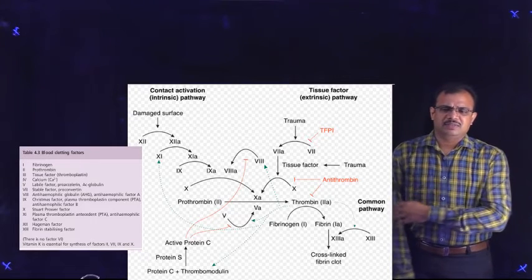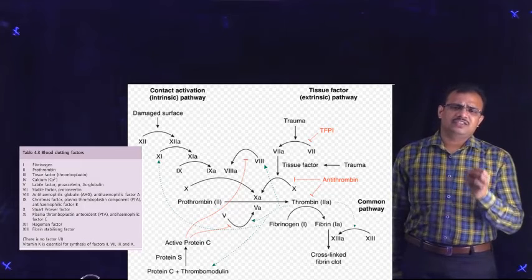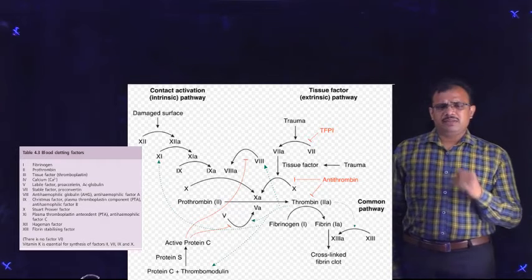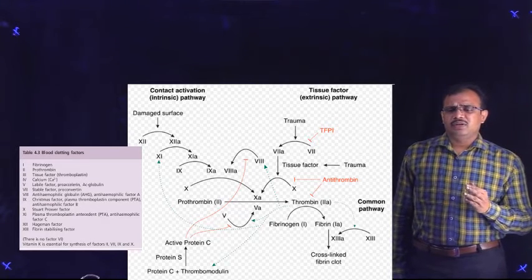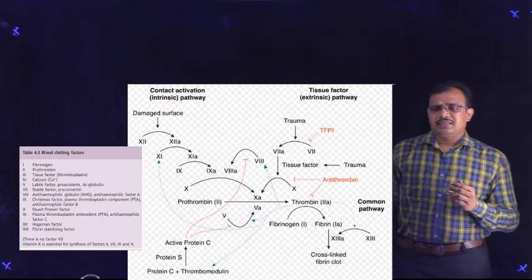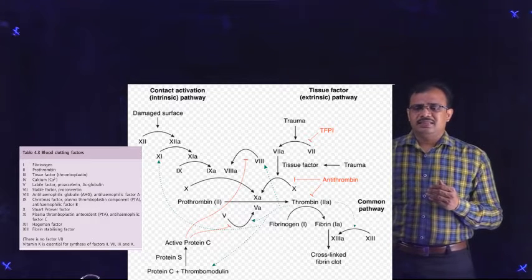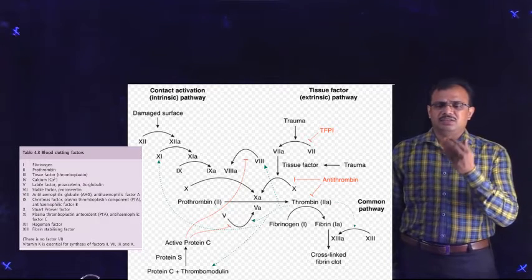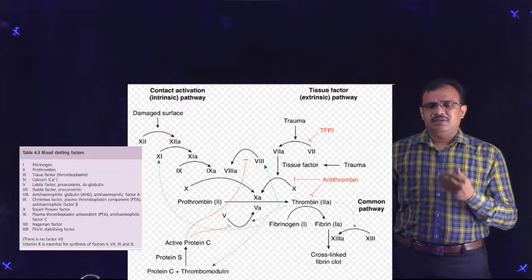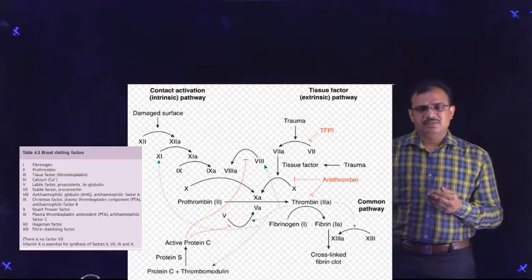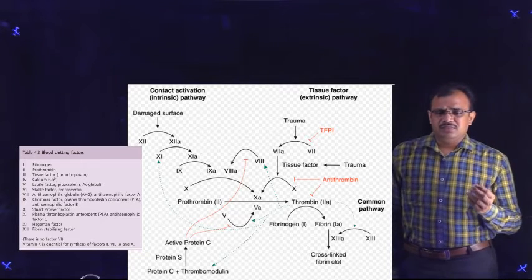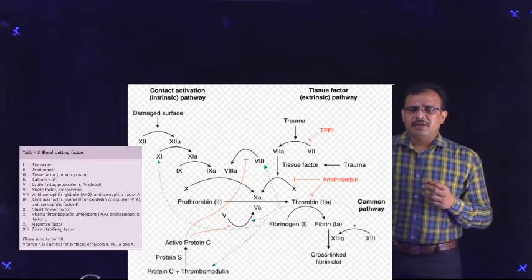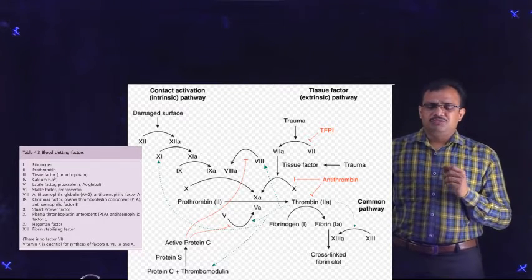You can see here this diagram, it shows the intrinsic pathway and extrinsic pathway. In the extrinsic pathway, which we have seen, it occurs within a short period. Here the trauma or damage to the blood vessel leads to activation of factor 7, the stable factor, and this factor 7 is converted into the activated form, factor 7A, and this will lead to activation of factor 10, that is Stewart factor.